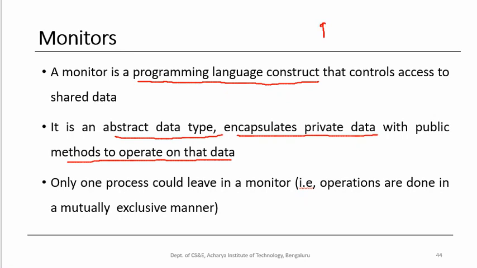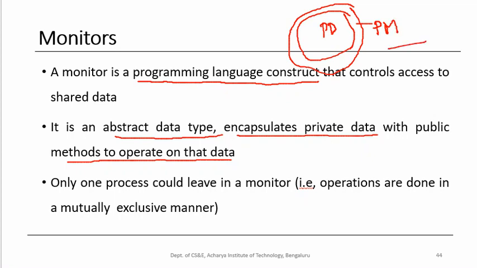Like you have private data surrounded by public methods, and the outside world, or other threads or other processes, use these methods to access the private data. So it is similar to the concept of a class that we have in some of the object-oriented programming languages.